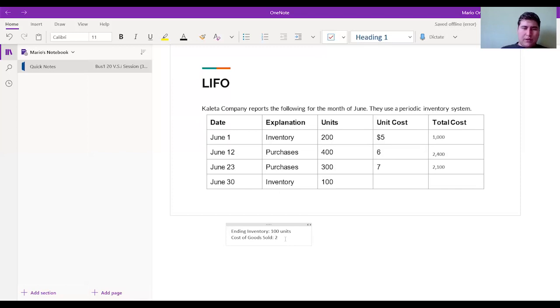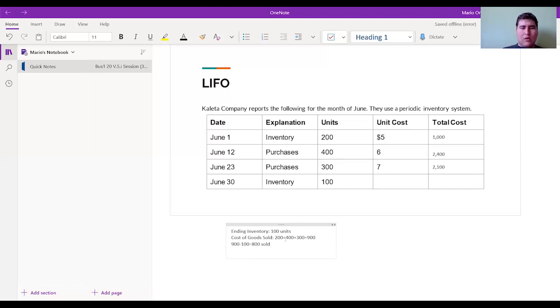So here we're going to do 200 plus 400 plus 300. That'll give us 900 units in total that we had for this month. Of those 900 units, 100 were left over. So 800 units were sold.